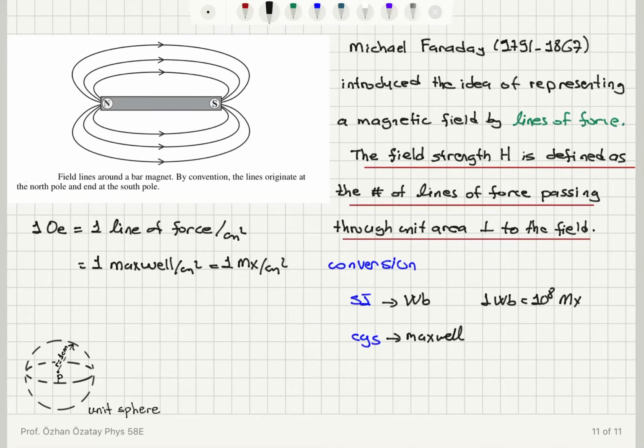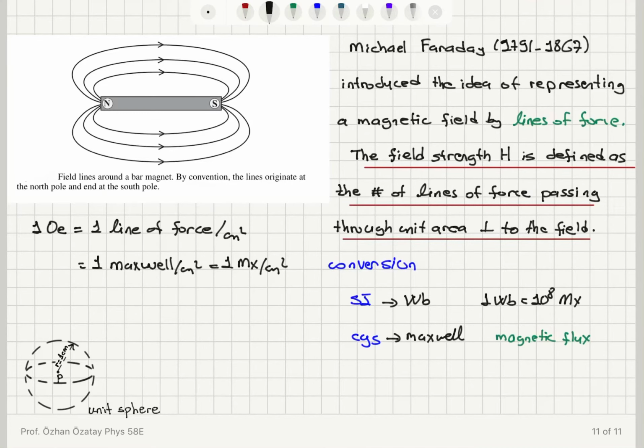So that's the conversion factor between Maxwell and Weber. They're just measuring the lines of force. It's a measure of flux, basically, the number of lines passing through a unit area perpendicular to the magnetic field.